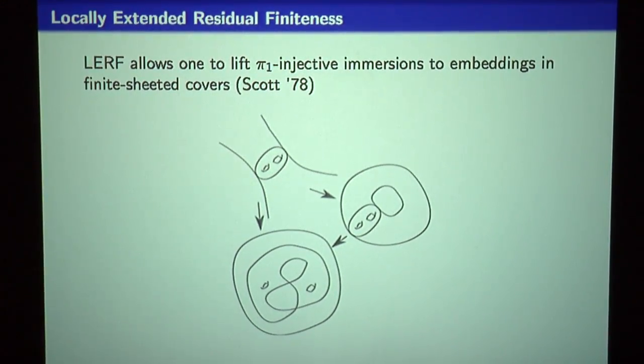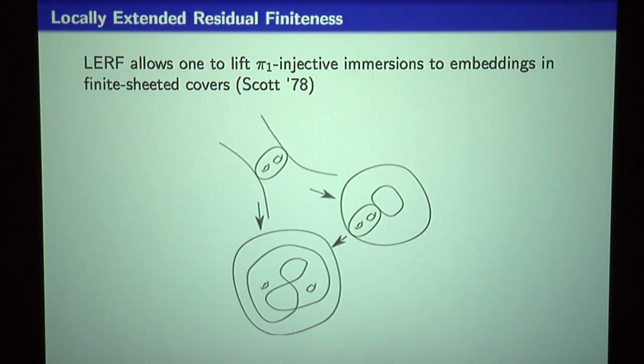Of course, this is obviously relevant to this virtual Haken question because we want to find a finite sheeted cover where this immersed surface then lifts to an embedding. So that's why LERF is relevant and why I think Thurston asked this question in conjunction with the other three questions.